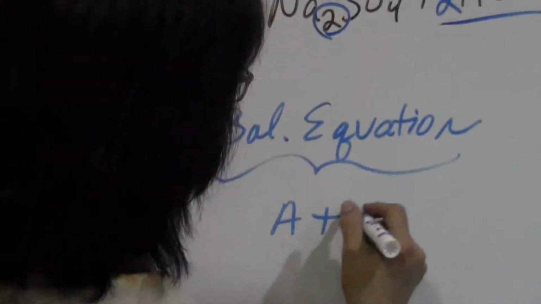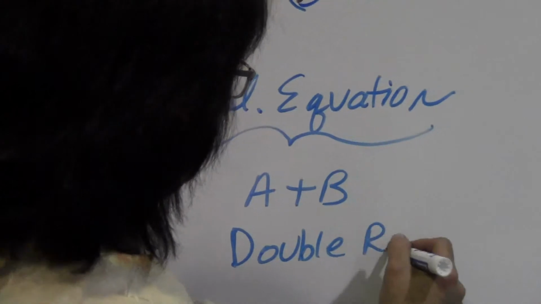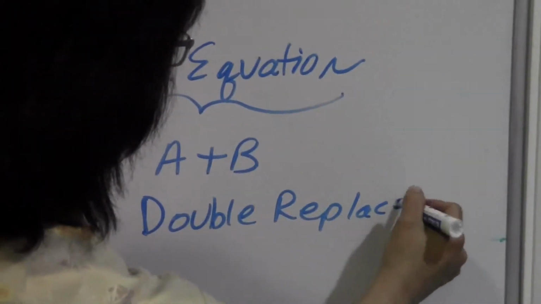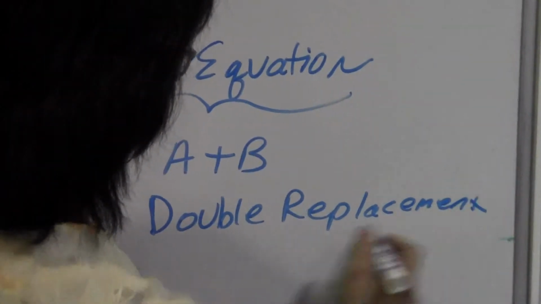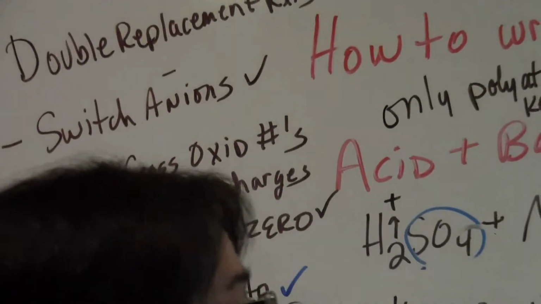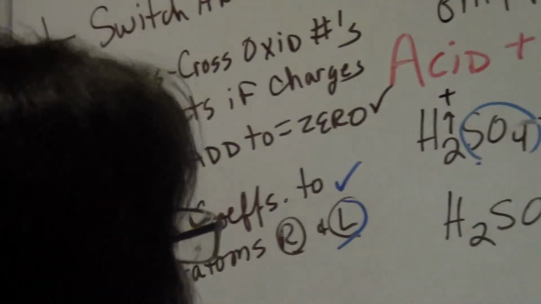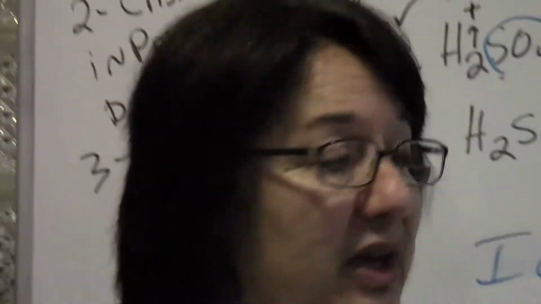And when you have an acid plus a base, it is a double replacement reaction. And double replacement reactions, in order to write the products and balance the equation, you're going to use these 3 steps.